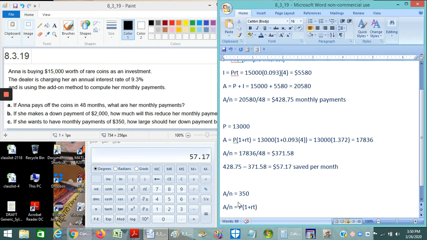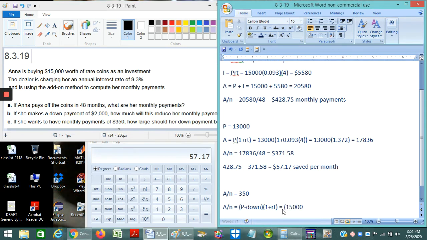But the principal will be reduced by some down payment, so I'll call that down. Now in part B, we reduced P by 2,000. This time we don't know what we're reducing it by. We do know that P itself starts as 15,000, and we know what 1 plus RT is because we solved it in the problem above. We have 1.372 because that was 1 plus 0.093 times 4.